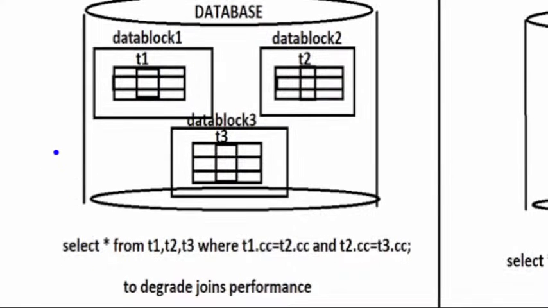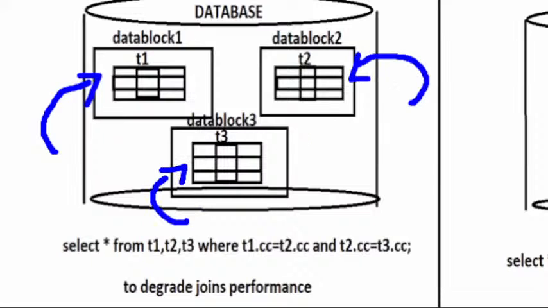If you want to retrieve data from individual, separate tables, there is no problem. Select star from T1 where condition. I'm retrieving my data from a particular table. Whenever you want to retrieve your necessary data from individual tables, I don't get any problem.